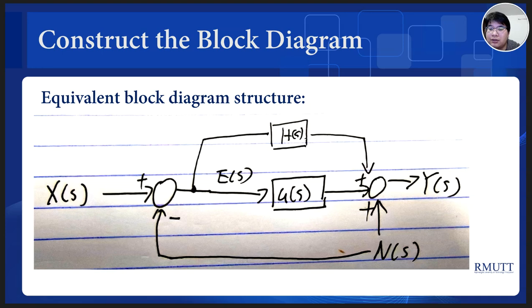This creates the negative feedback structure. Third, we add the disturbance input N(s) before the output. In this way, the complete equivalent block diagram is obtained.